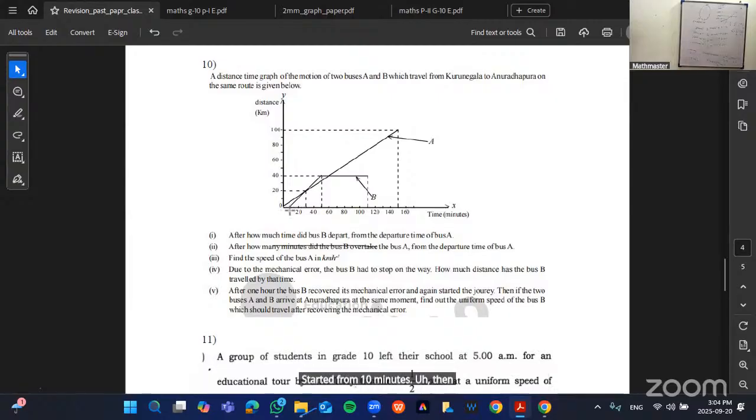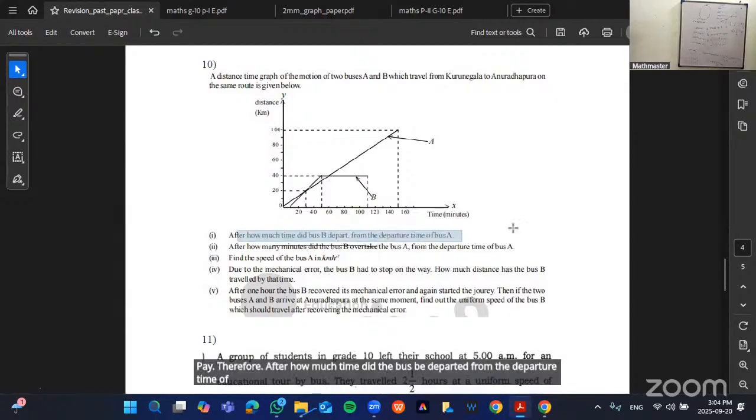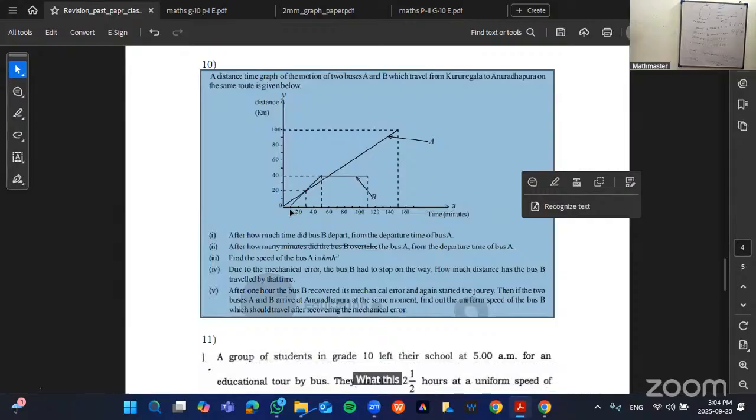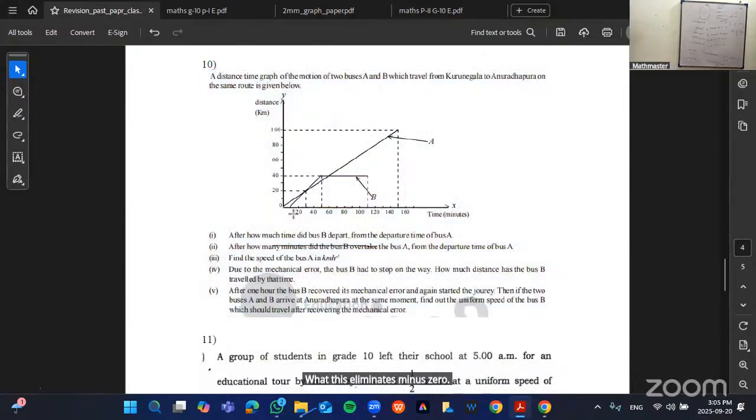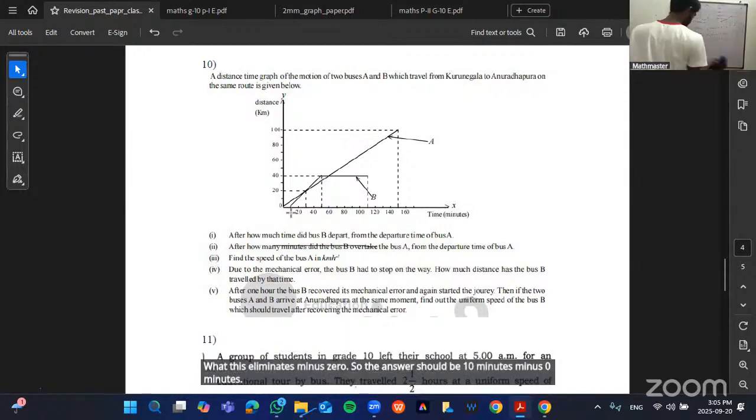What is the gap between those two? 10 minus 0 is 10. Therefore, bus B departed after 10 minutes minus 0 minutes, which is 10 minutes.